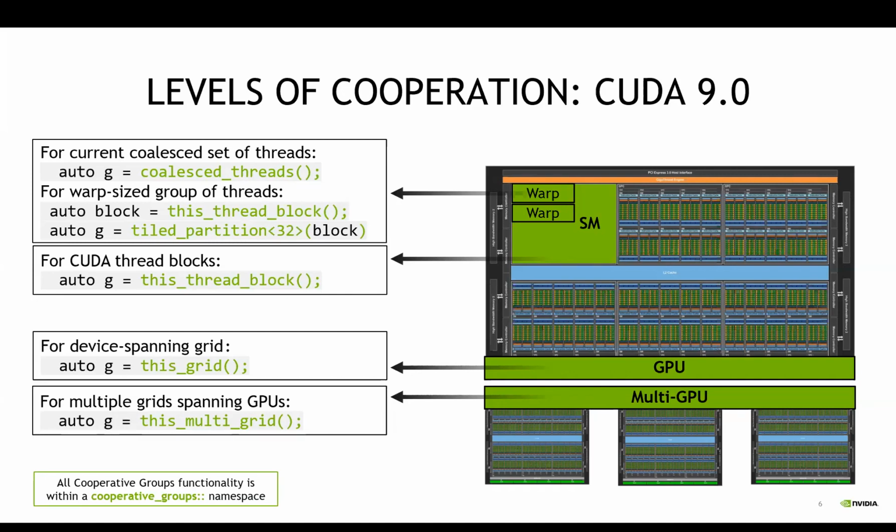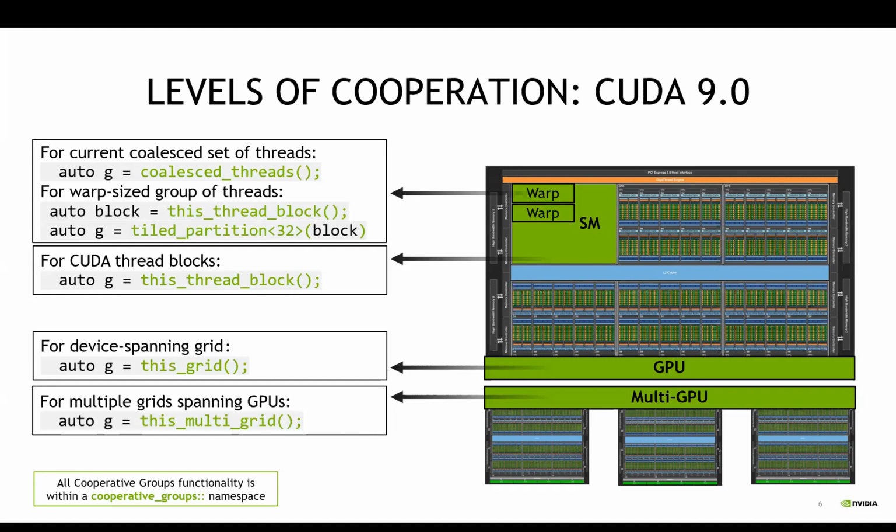But one of the things that I'd like to point out is that there are some requirements for using cooperative groups. First of all, the cooperative groups functionality is contained within a cooperative groups namespace, and you can see an example of the namespace name down there at the bottom of the slide.